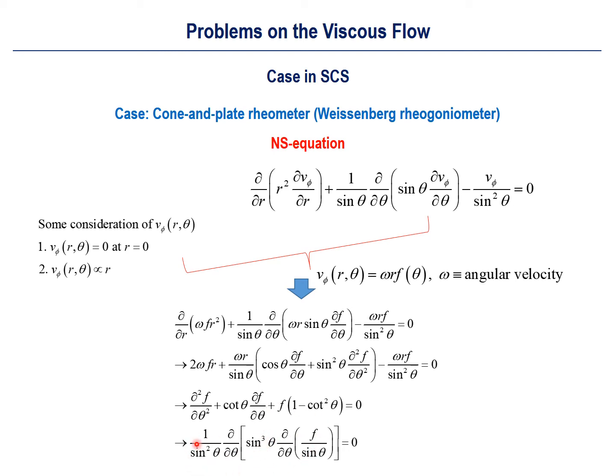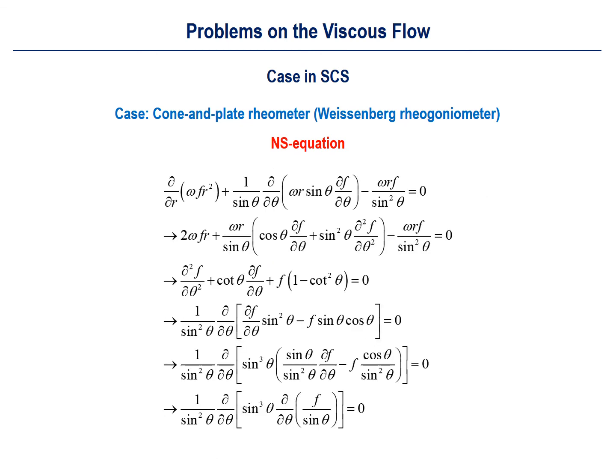Please check this by yourself. Here is some procedure for those who want to follow the derivation, how we can obtain this kind of differential equation, which is combined with some sine theta and f theta here. Please check this by yourself.